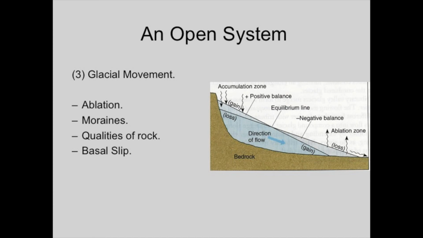The base, or basal slip, as is the case with the surface, moves slower than the internal plastic-like ice. So when you think about a glacial body, you're almost looking at it like a sandwich. It has maybe 3 main layers to it, each moving at a different rate. Maybe some not moving at all.